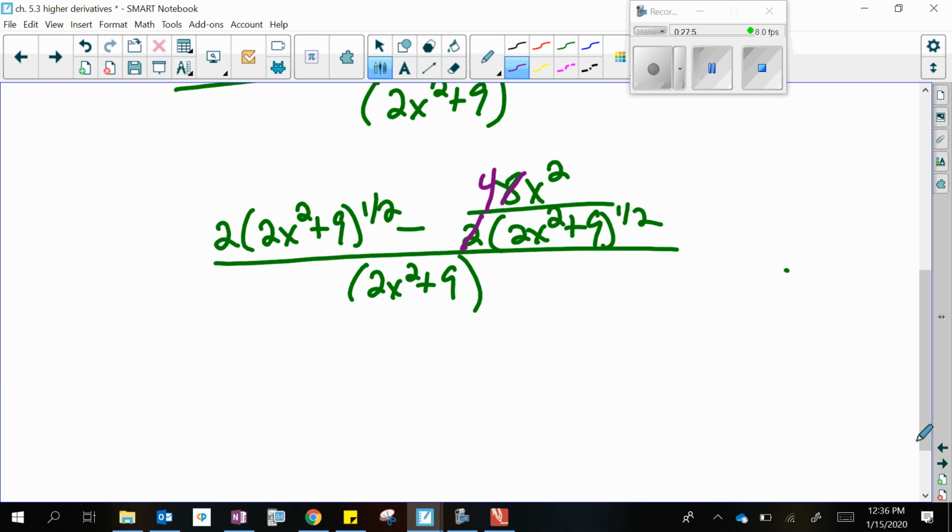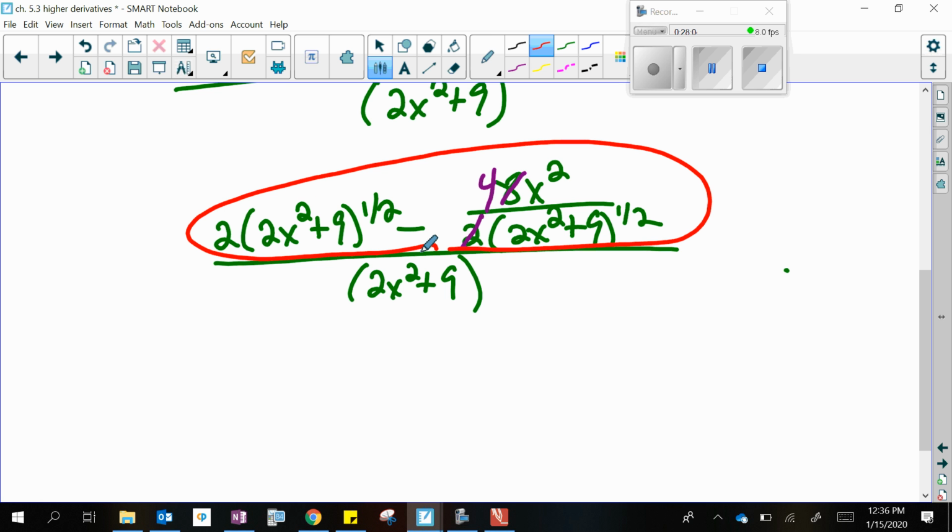Okay. Now what do we have to do? Focusing on just the numerator, what do I have to do? No, we're not worried about that at this point because we're just simplifying. What do we have to do to the numerator?